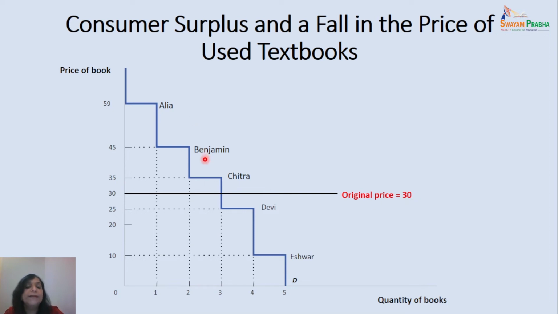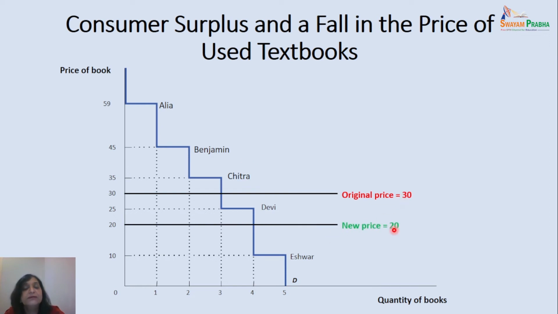So Alia, Benjamin and Chitra were earning some consumer surplus notionally because they had indicated a higher willingness to pay at 59, 45 and 35 respectively, and we saw that everybody had some consumer surplus. Let us say now the price of these used textbooks reduced from 30 to 20.